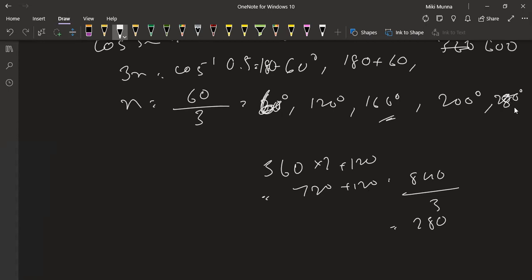Anything else? Let's see. We have another portion which is 720 plus 180. So this gives us a value of 900 divided by 3, that is 300. So up until 300 is possible. Okay. So that's how far it is possible.